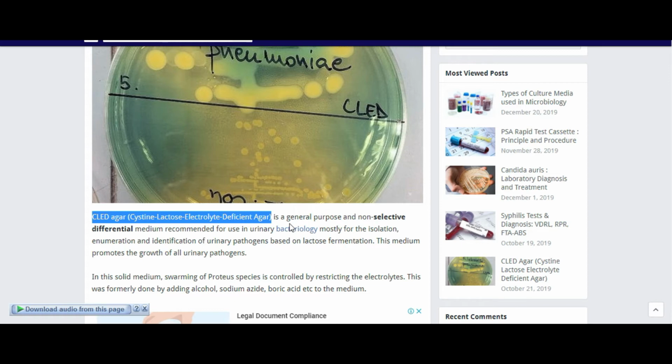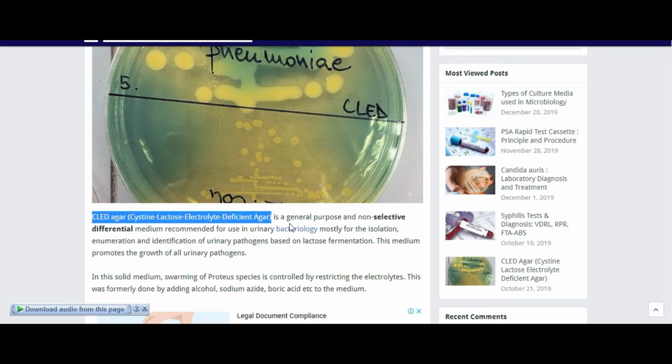Mostly CLED Agar is used for urinary bacteriology, that is urinary culture. It is used for the isolation, enumeration, and even identification of urinary pathogens.